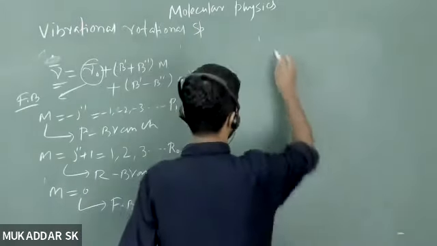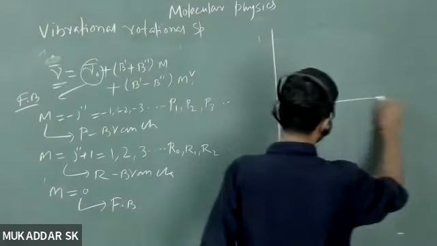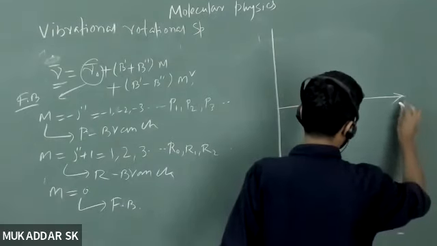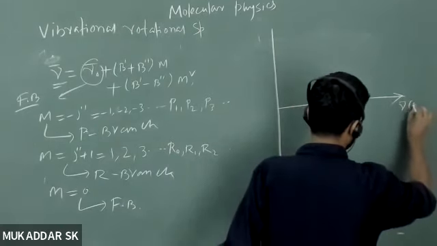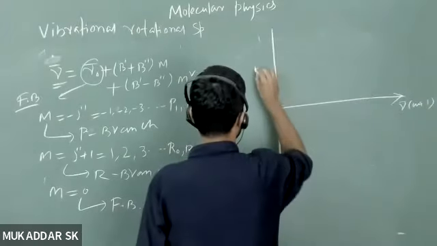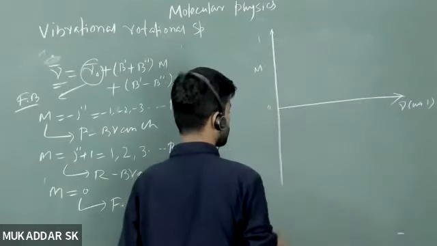So if you draw it, along this axis I will take wave number nu dash in cm inverse, and on this axis I will take m. So m can be 0, 1, 2, and so on.